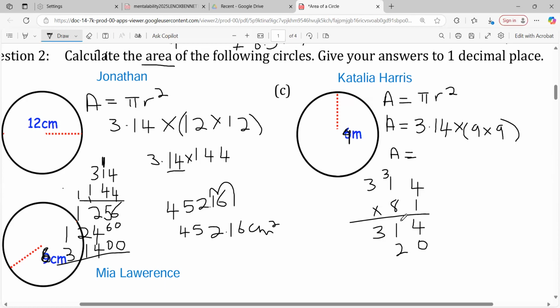8 times 1 is 8, plus 3 is 11. Carry the 1.